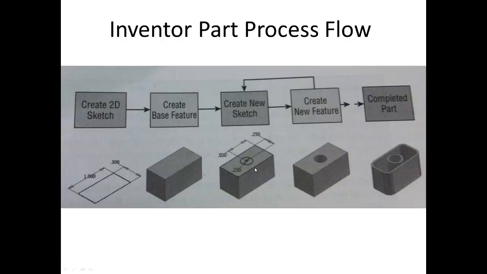And then we choose a face on the subsequent part created, and we say create new sketch, click here, and we can kind of repeat the process we did here. We can create a 2D sketch, and then we can create a new feature.